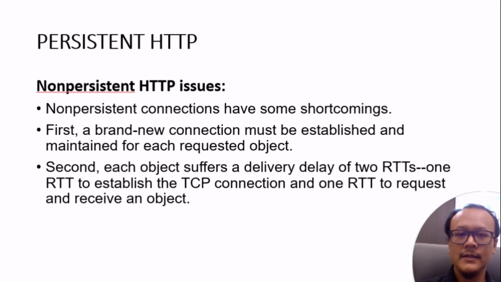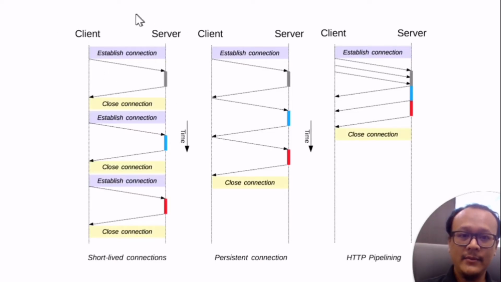Okay. I hope that with this figure you can clearly understand the difference between persistent and non-persistent. So just look at the first and second figures first. The first figure here is the non-persistent HTTP. For example, this is the request and this is the response from client to server.